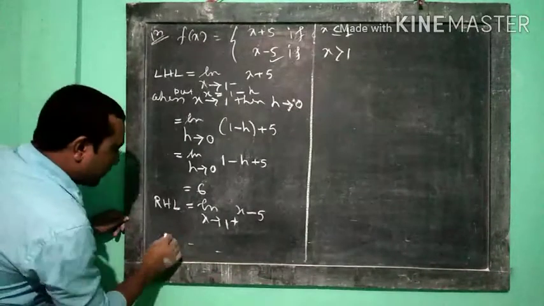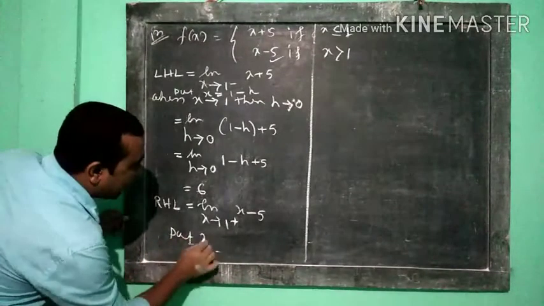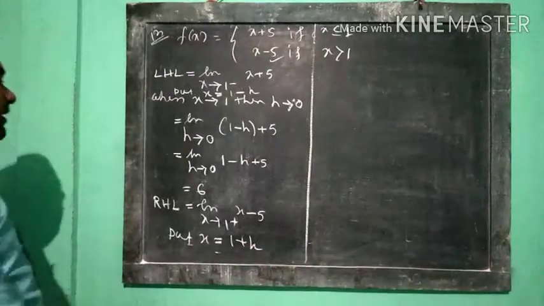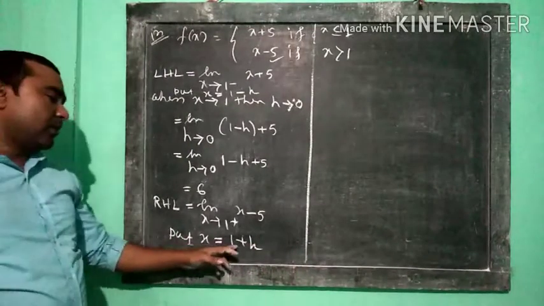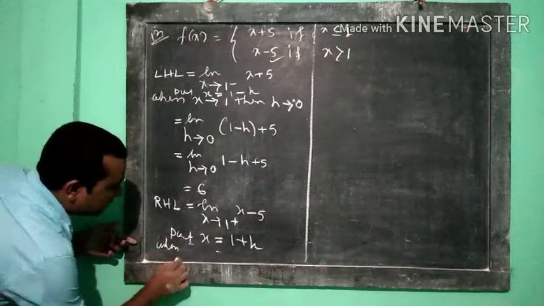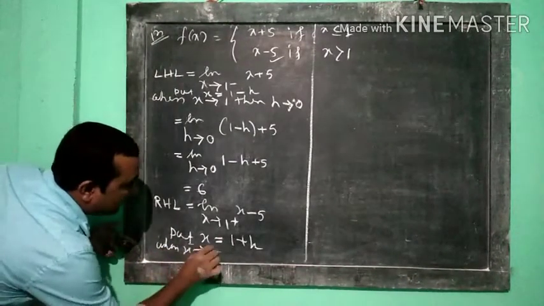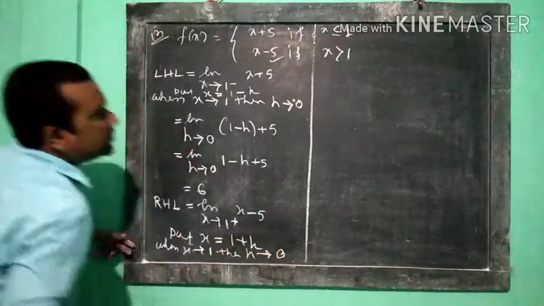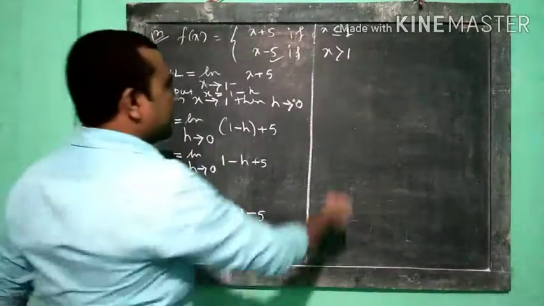Okay, so what we put here? Put x equal to what? 1 plus h. When x tends to 1, then h tends to what? h tends to 0.